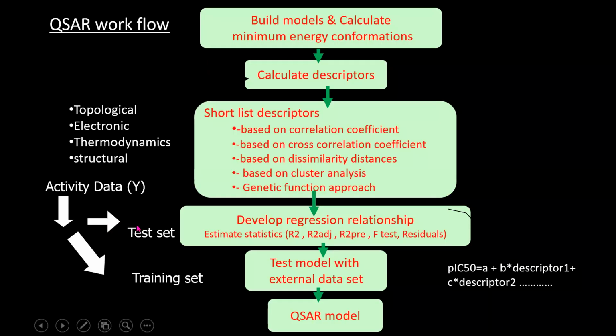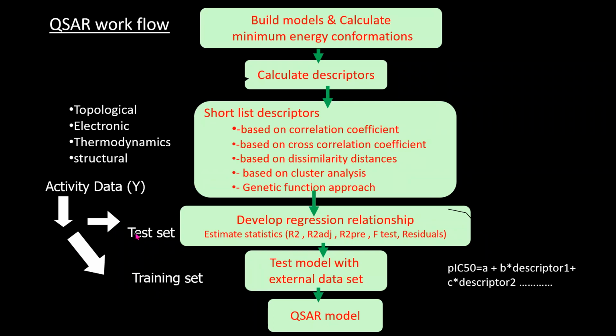So you divide it into training set and test set, because QSAR is not only fitting data, but also predicting data. So how do you know it predicts? That is why you do training and test set.